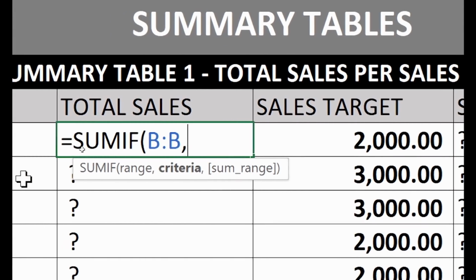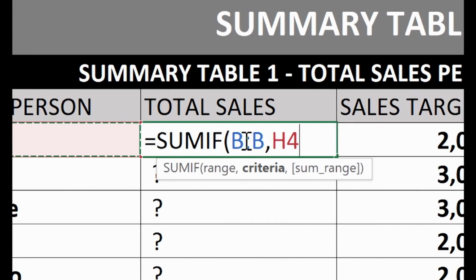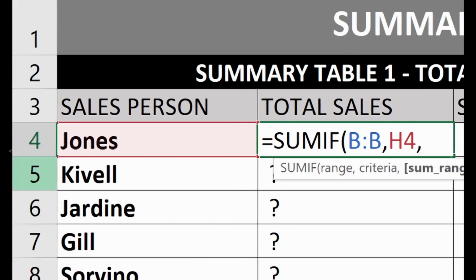Comma. What is my criteria? My criteria is what I have here. I'll click inside here. What do I have here? Jones. That means search column B and look for this criteria, Jones. Wherever you find Jones, comma, the last argument says what? Sum range. Sum range means the column where the actual values it will add will be found.